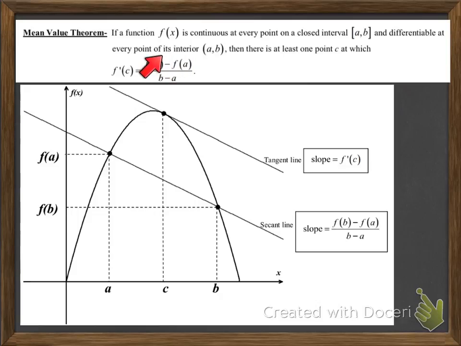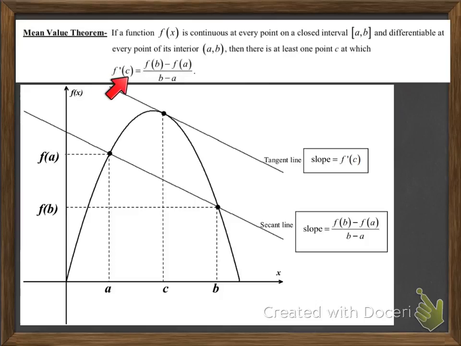Now, hopefully you recognize f of B minus f of A over B minus A. That's just simply a slope formula. F of B is a y value, f of A is a y value. So you're subtracting 2 y values over subtracting 2 x values. So that's a delta y over delta x. F prime is a derivative.